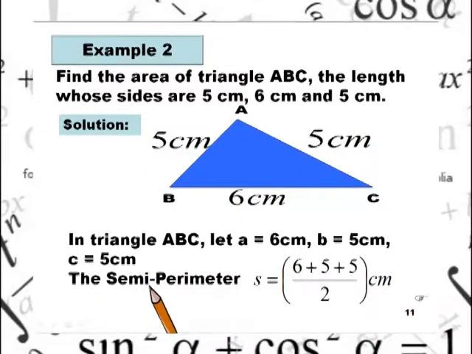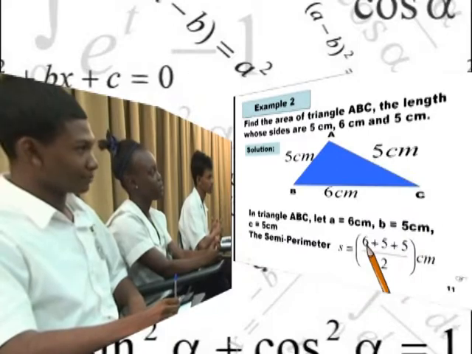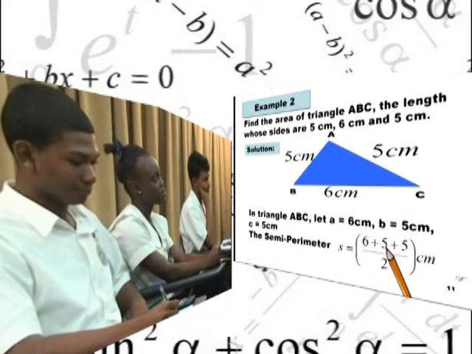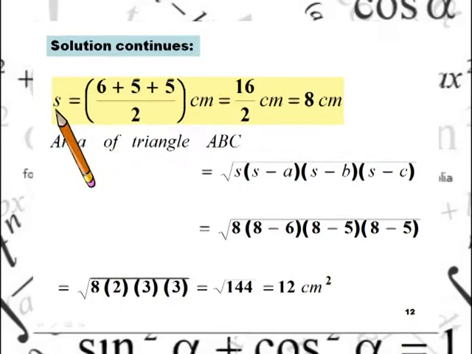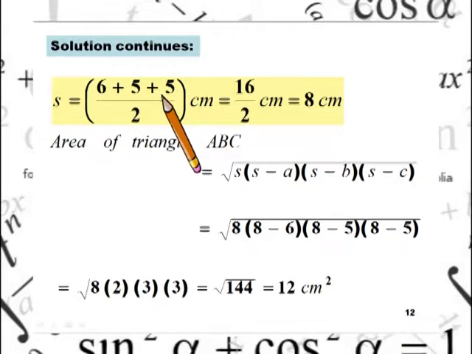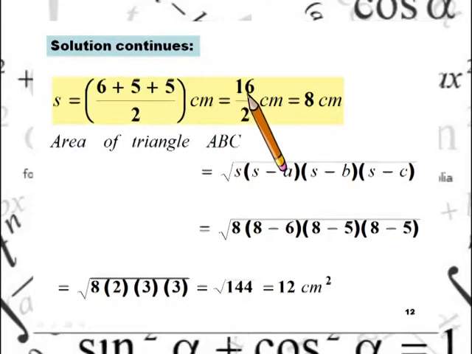The semi-perimeter S equals 6 plus 5 plus 5 divided by 2 cm, equals 16 divided by 2 cm, equals 8 cm.